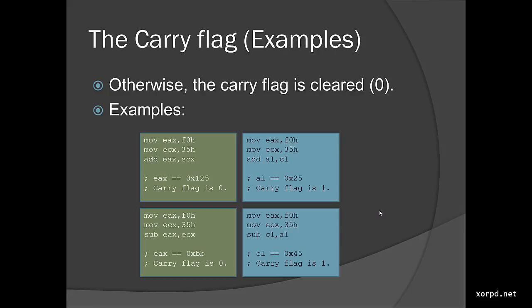We actually do 35 minus F0. I remind you that F0 is larger than 35. The result that we get is 45. If you're not sure how it works, you can maybe review what we know about binary numbers and subtraction of binary numbers. You can even check this in your calculator, that this is the result you get.